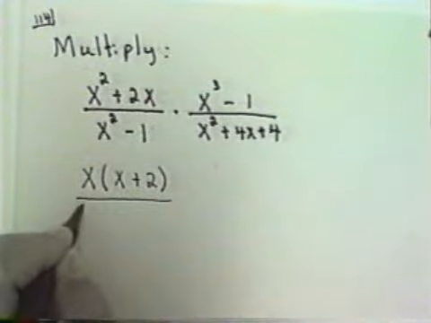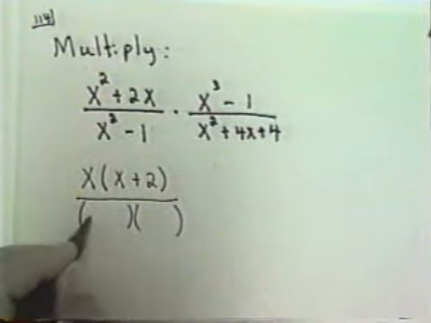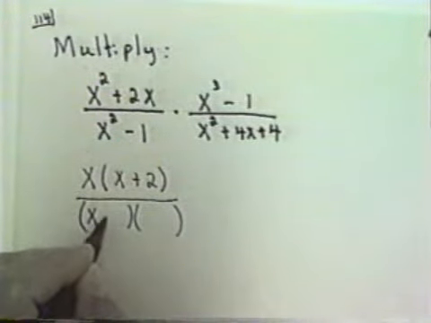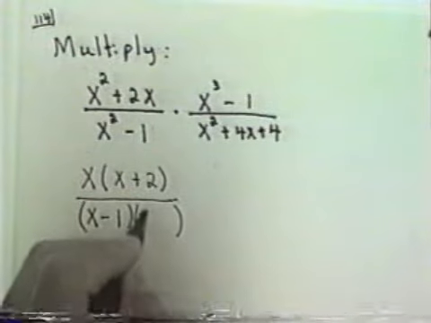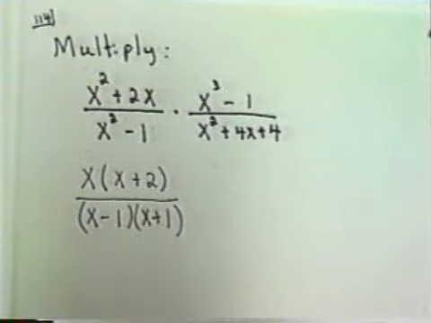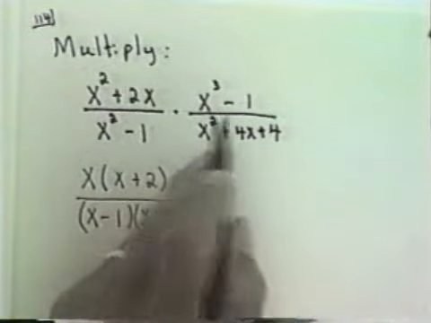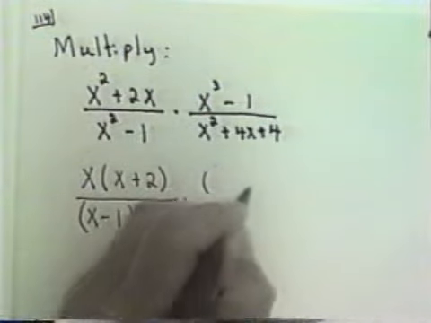X squared minus 1 is the difference of two squares. So it's going to be the square root of the first minus the square root of the second times the square root of the first plus the square root of the second. X cubed minus 1 is the difference of two cubes.